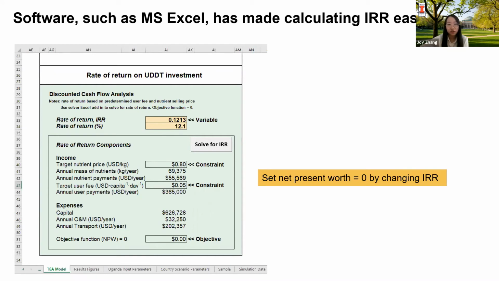And by using the solver, we set the net present worth equal to zero by changing the IRR values, and we will be able to see the IRR.